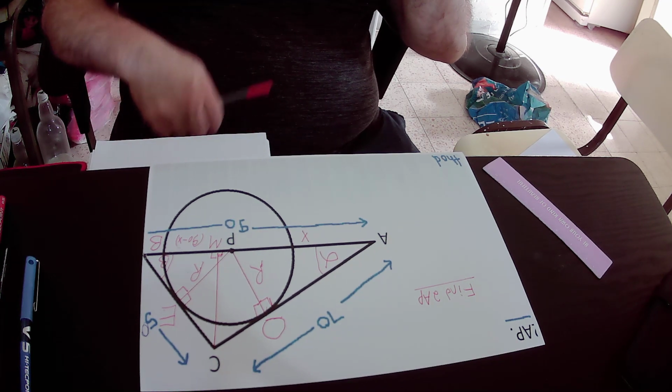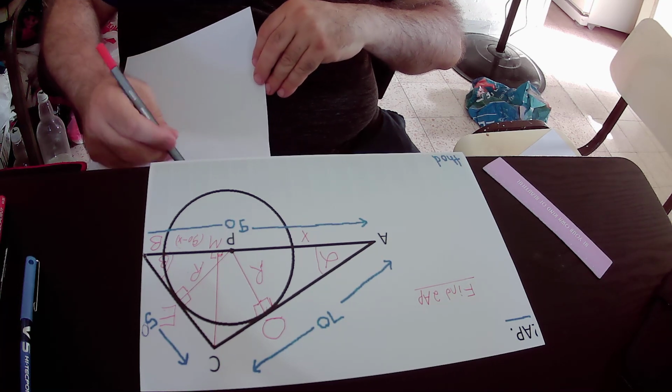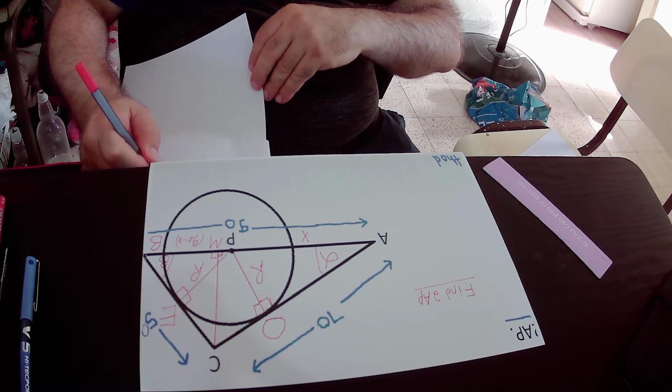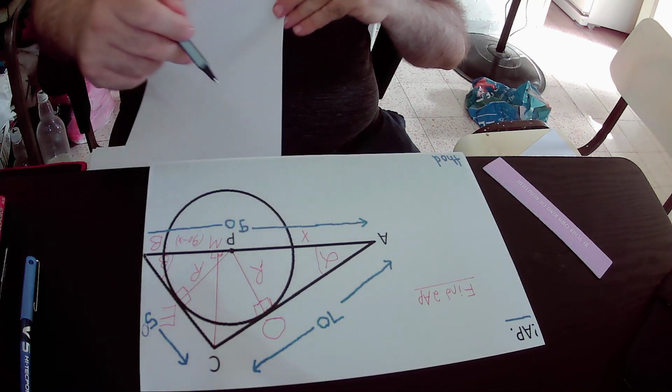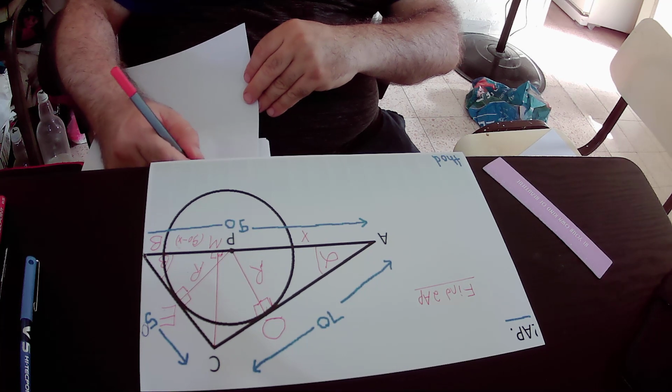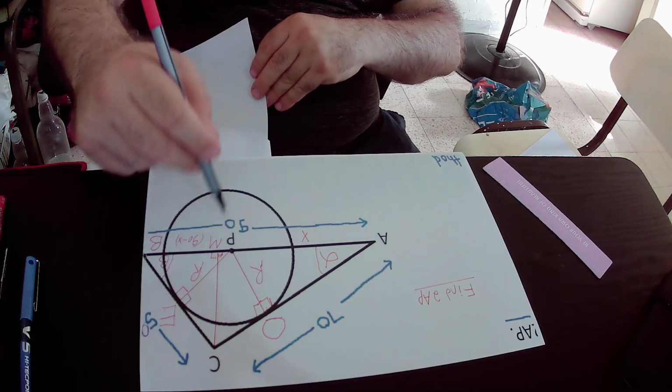We will focus on two right triangles: the right triangle AOP and the right triangle ACM.